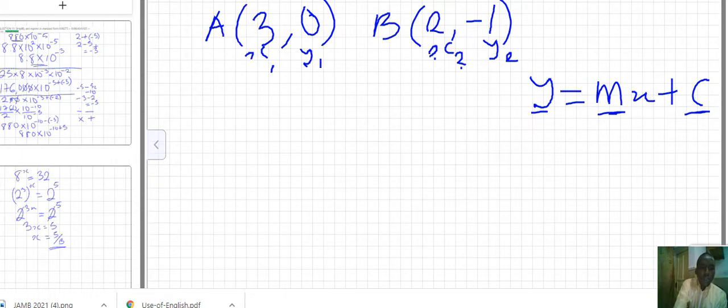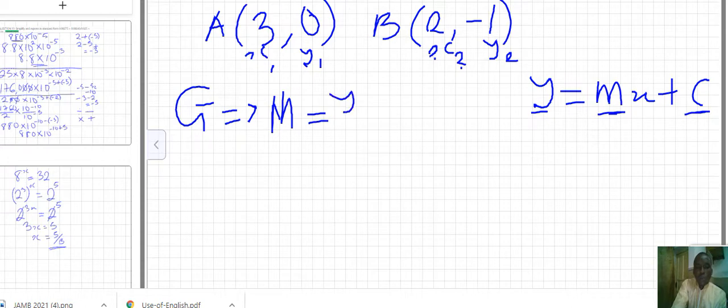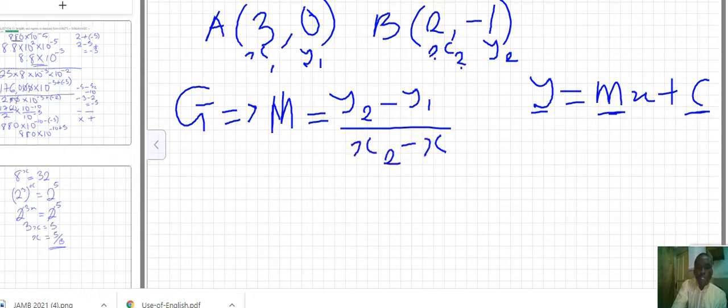The gradient m is equal to (y2 - y1) all over (x2 - x1).